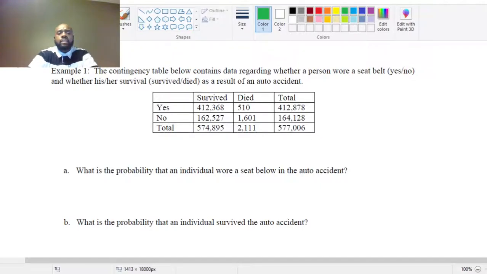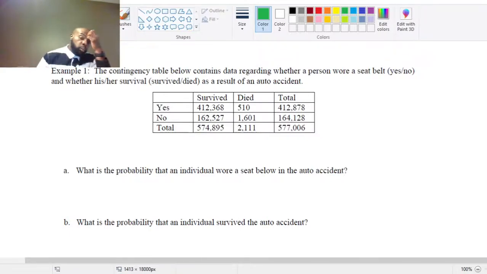We can see in this table that 412,368 people said that yes, they wore a seatbelt and they survived, while 510 wore a seatbelt but died. 162,527 did not wear a seatbelt and survived, and 1,601 did not wear a seatbelt but died.